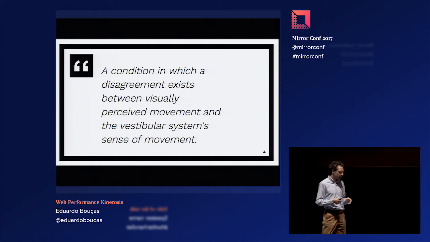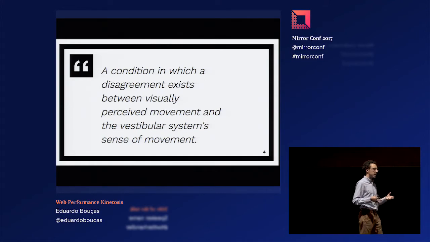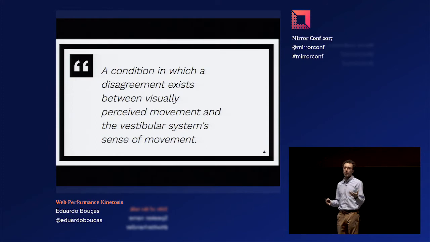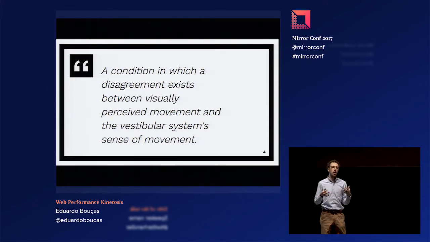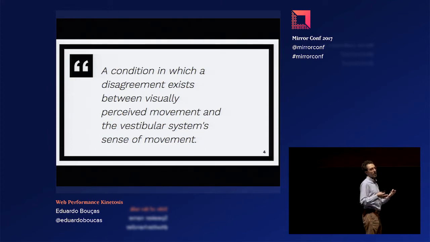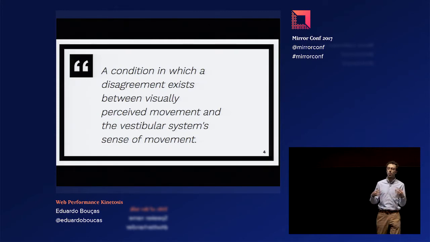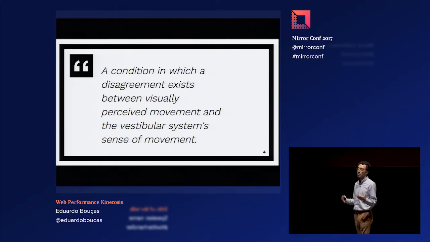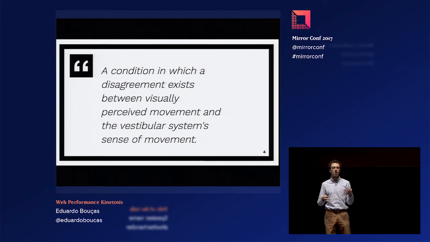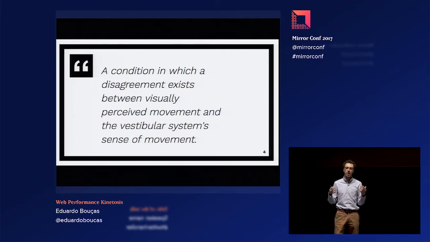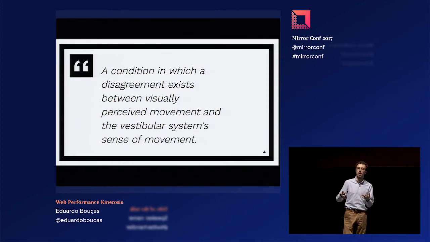And so I think that it is this disagreement that sometimes is the problem in this organization, because it's not like the organization doesn't have the skill set or the resources to fix issues with web performance. It's more that they don't acknowledge that those problems exist because they experience a completely different perception of their product.